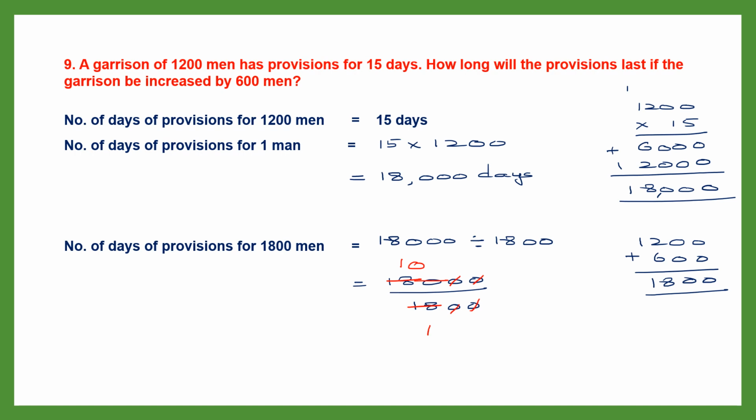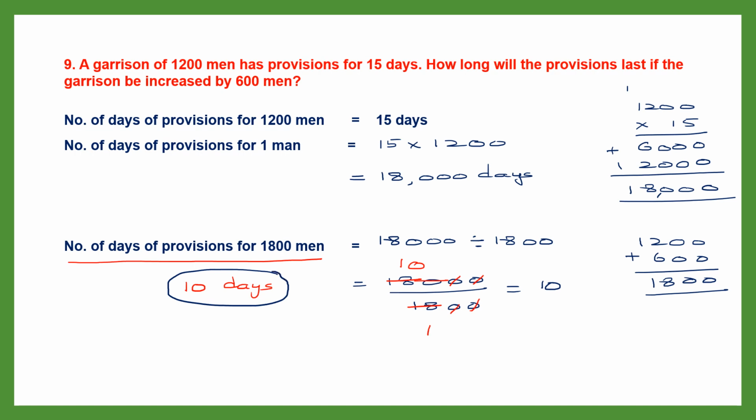So can you see only 10 days? The answer is 10 by 1, which is 10. That means the number of days of provisions for 1,800 men is only 10 days. Okay, they can use it only for 10 days. After 10 days, it will get over because there are so many people.